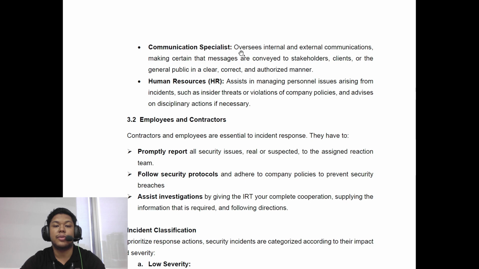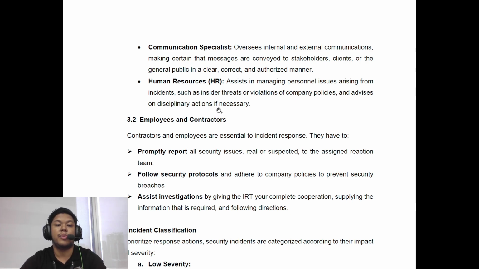The communication specialist is to oversee internal and external communication, making certain that messages are conveyed to stakeholders, clients, or the general public in a clear, correct, and authorized manner. So the last one for the IRT members is human resources, HR. HR is to assist in managing personnel issues arising from incidents such as insider threats or violation of company policies, and advise on disciplinary action if necessary.